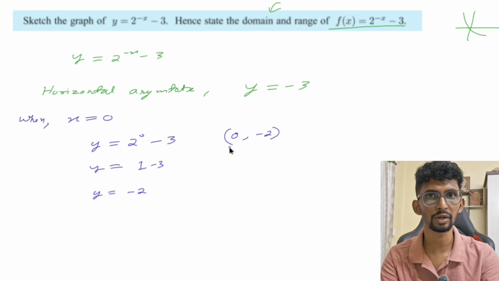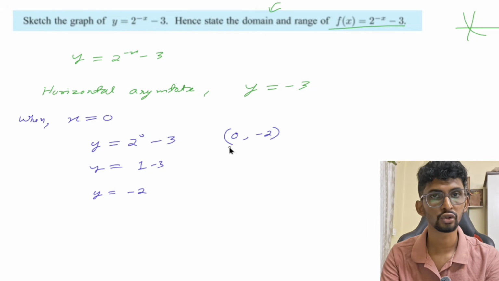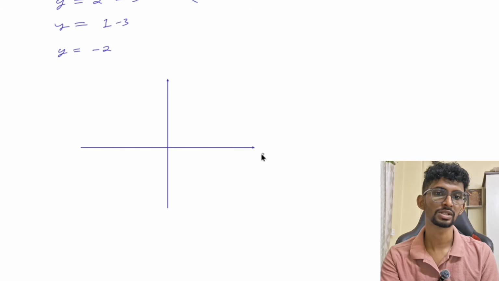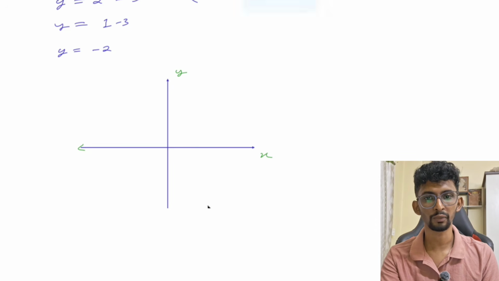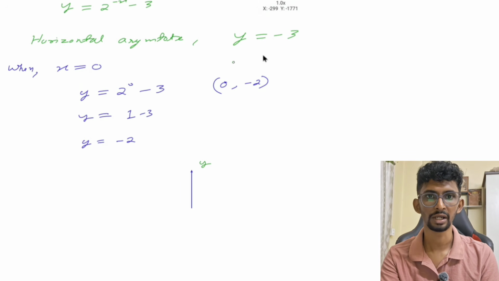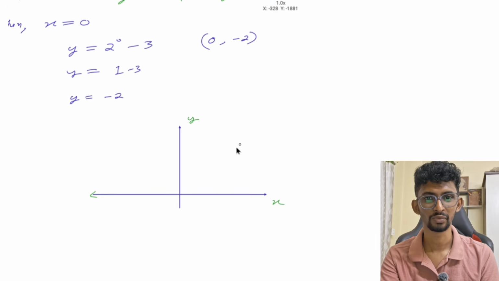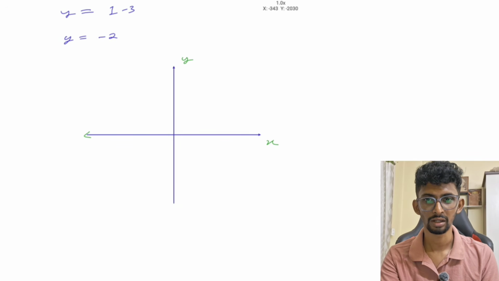Now the third point, we have to find two points also. That we'll do later. First let me draw the x and y axes. Suppose this is the x-axis and this is the y-axis. What was the horizontal asymptote? It was y equals minus 3. So y equals minus 3, maybe somewhere here. I'm just drawing it roughly.